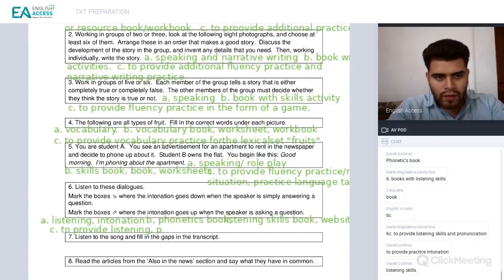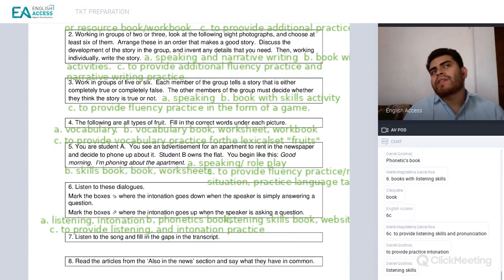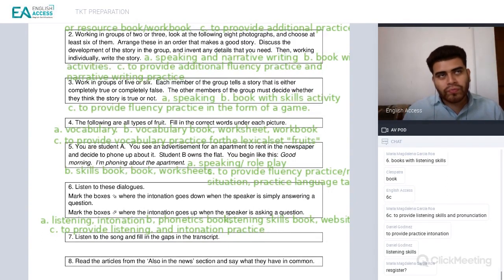Provide listening and intonation. Not pronunciation practice, because here we are not focusing on the pronunciation. Yes, maybe this activity can help with our pronunciation, but the intonation is usually used in questions and statements. The register, remember, is the formality. Am I being formal or informal? In this case, it wouldn't have anything to do with it.